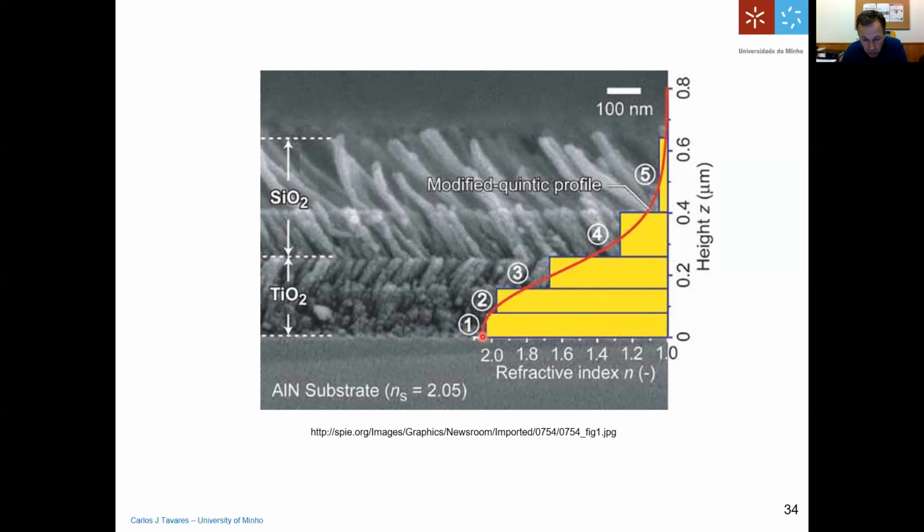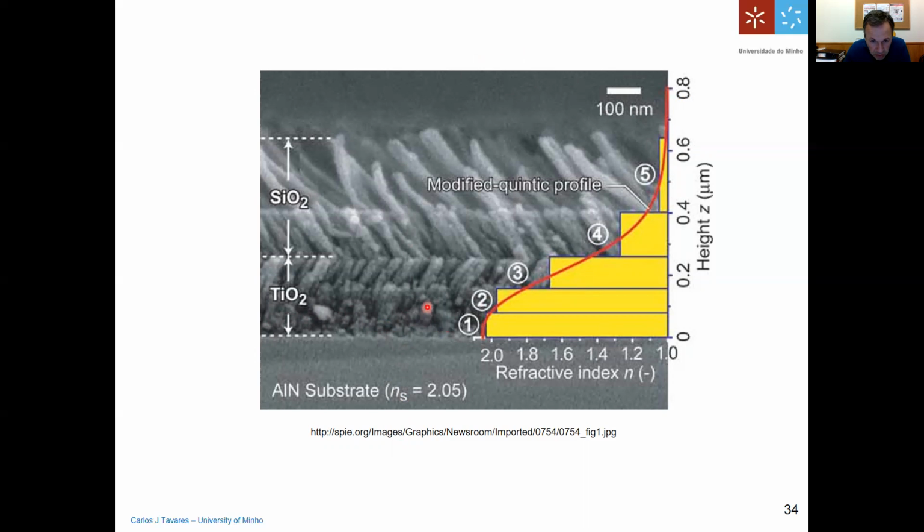And this red line is the evolution of the refractive index that changes from 2.05 to close to 1, which is that of air, okay? When you are producing these layers, what these researchers did was start off by depositing titanium dioxide with some porosity. You can see that it's not very crystalline, it has lots of pores. And the pores are given by these darker regions, okay?